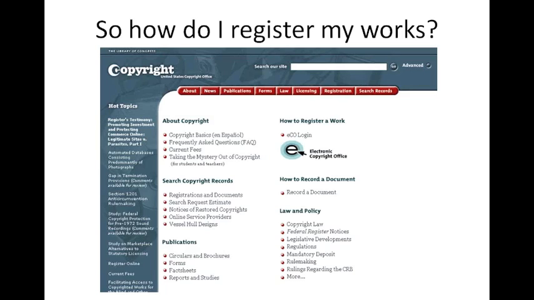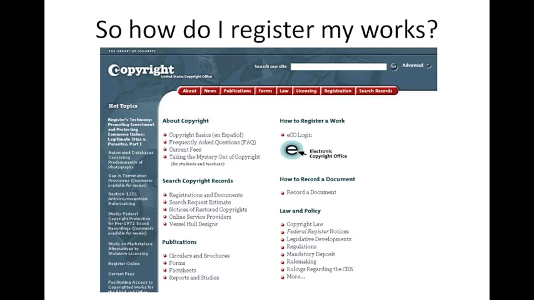They've got a great system where you can search prior registrations and documents relating to it, such as assignments. They've got an online system where you can register your work, and that works fairly well. Certainly not as smoothly as the way the Trademark Office systems work, but they're certainly better than not.